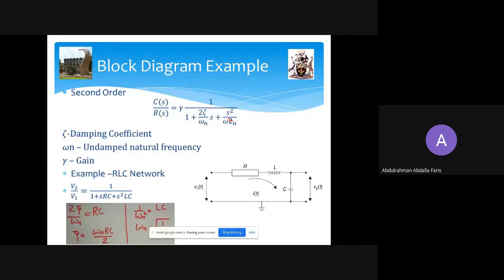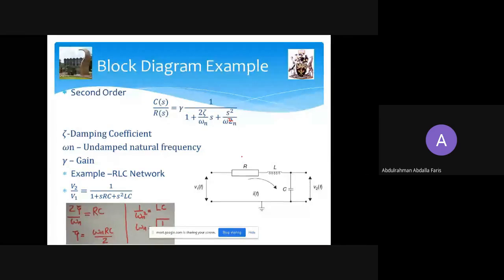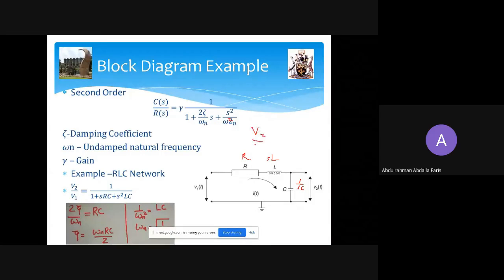For an RLC network, as I said earlier, you can just say that is R, SL, 1 over SC, and then V2 over V1 is equal to this one here, 1 over SC divided by, sorry, R plus this and plus SL.